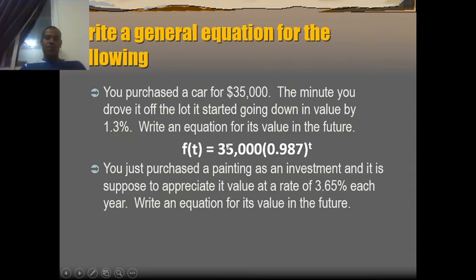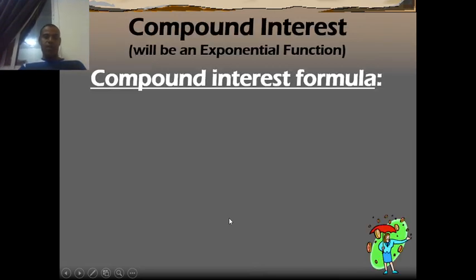It's written as a function in terms of t, but it's an exponential decay. The second one, we have f(t) equal to the principal multiplied by 1.0365 to the power t, of course. Okay, this is how we write the equation for each question.